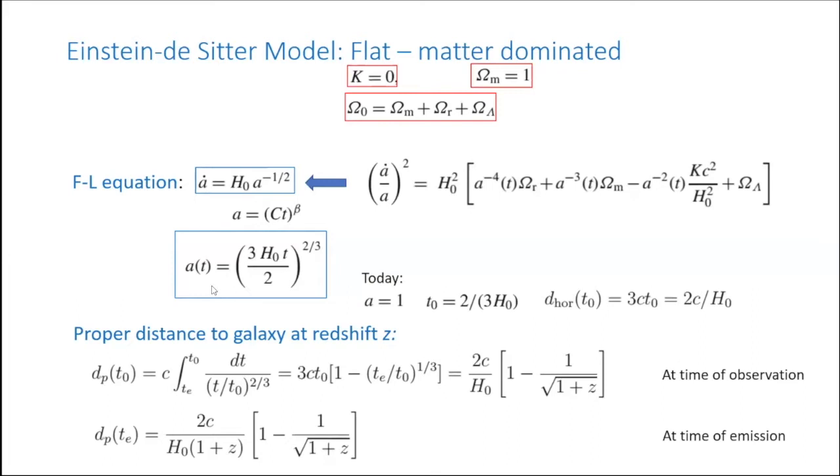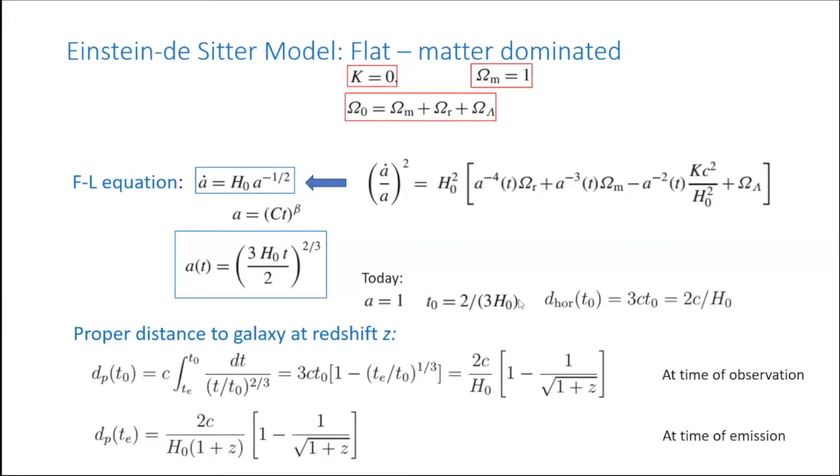It is a rather simple form where t is to the power of 2/3. And if you put in today's value, which we all agree to take as a = 1 for today, then the H of the universe today is 2/3 H naught.